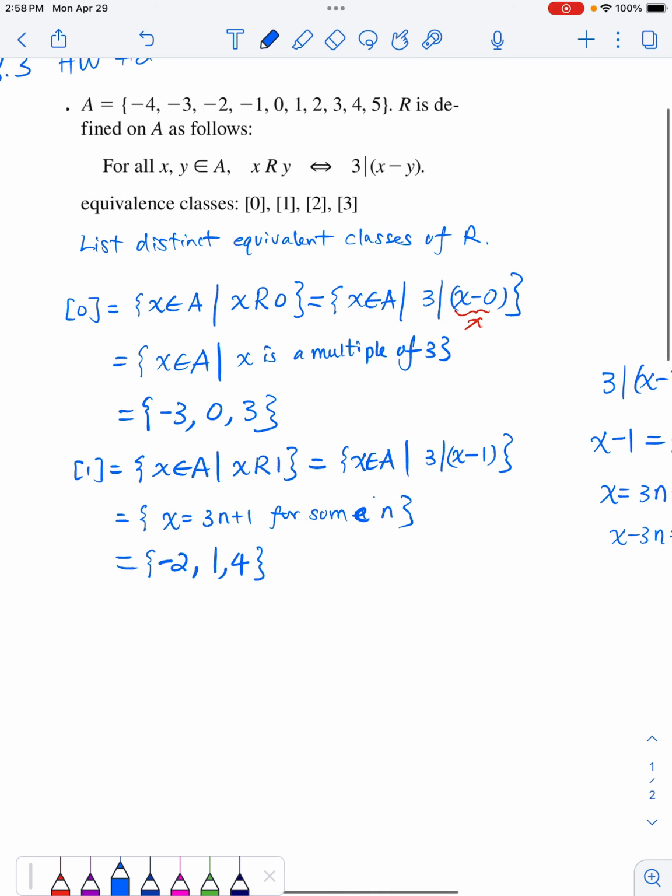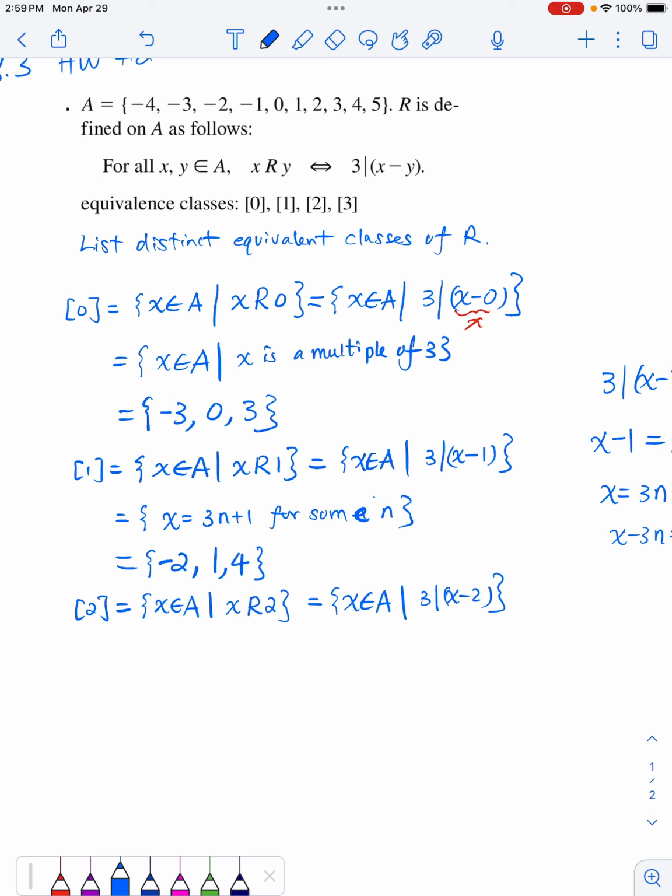Now let's find the class of 2. Hopefully you can pause the video and give it a try by yourself. If you resume the video, this is how I will find the class of 2. It will be the elements x in A so that x is related to 2. According to how we define it, that means 3 divides x minus 2, right?